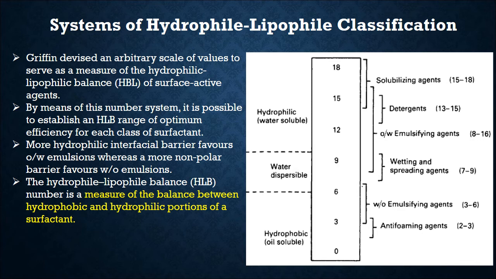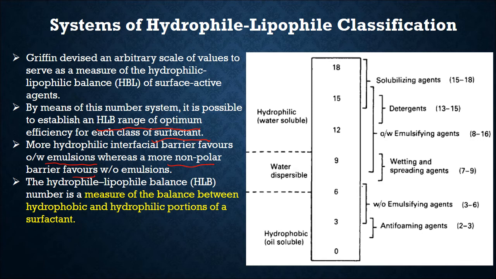And this is the HLB system of hydrophile and lipophile classification. By means of this number system, it is possible to establish the HLB range of optimum efficiency for each class of surfactants. More hydrophilic interfacial barriers favor oil-in-water emulsions, whereas more non-polar barriers favor water-in-oil emulsions.